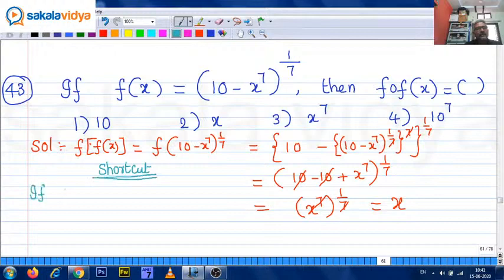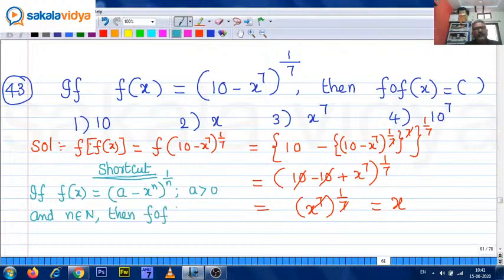If f of x equals (a minus x to the power of n) whole to the power of 1 by n, a greater than 0, and n is a natural number, then f circle f of x is always x. Right. So now you need to explore it. You can explore, no problem. That is the beauty of mathematics.